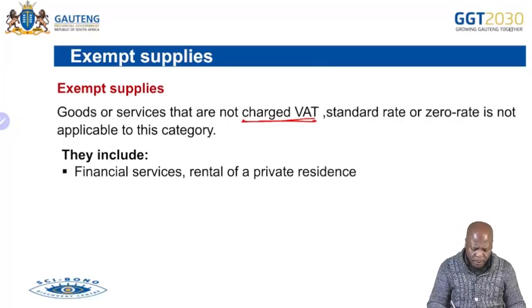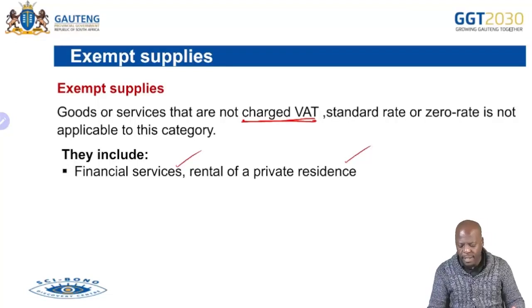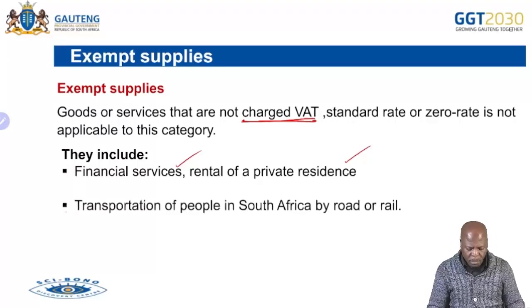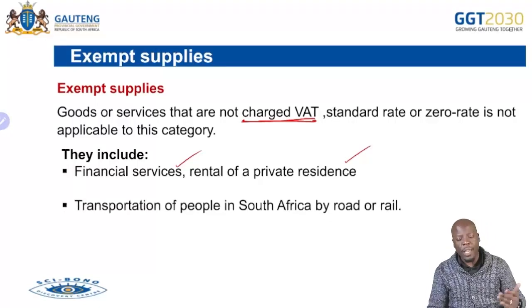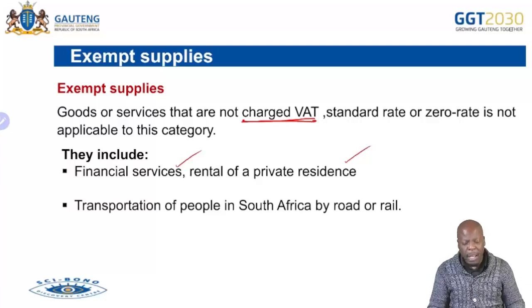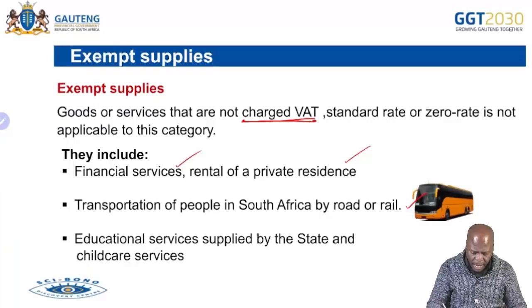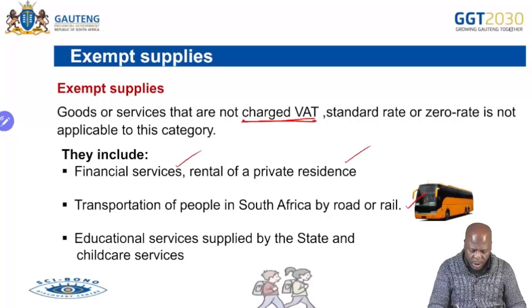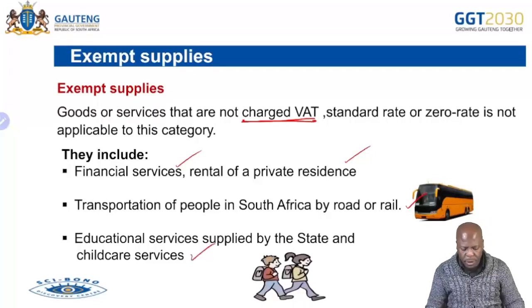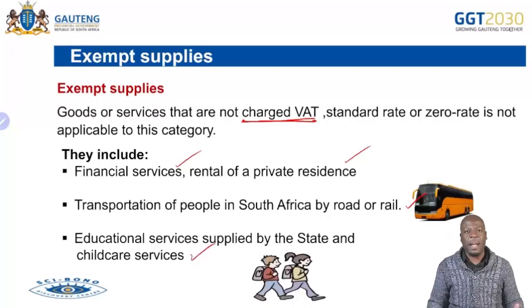They include financial services, rental of a private residence, transportation of people within the Republic of South Africa, that is by road or by rail. It will also include educational services that are supplied by the state and childcare services. So these are your exempt supplies.